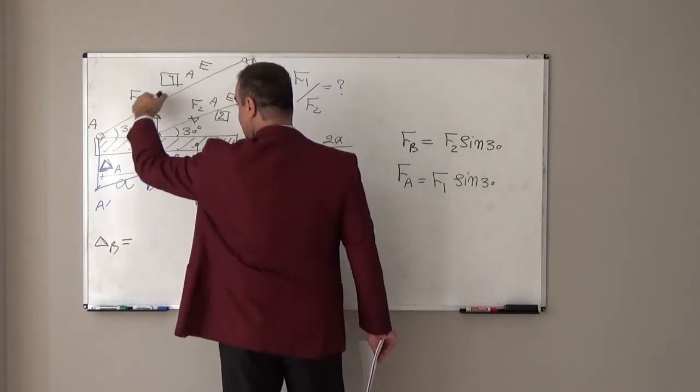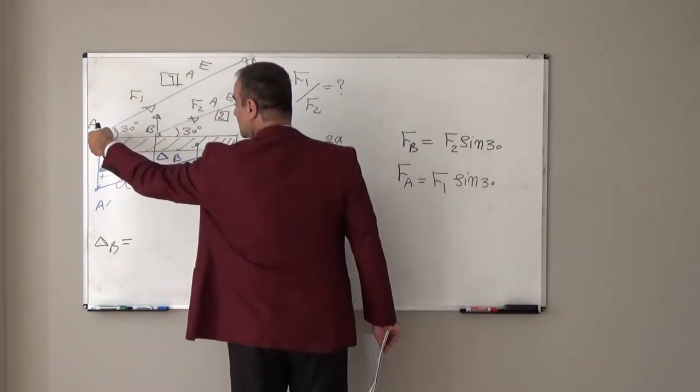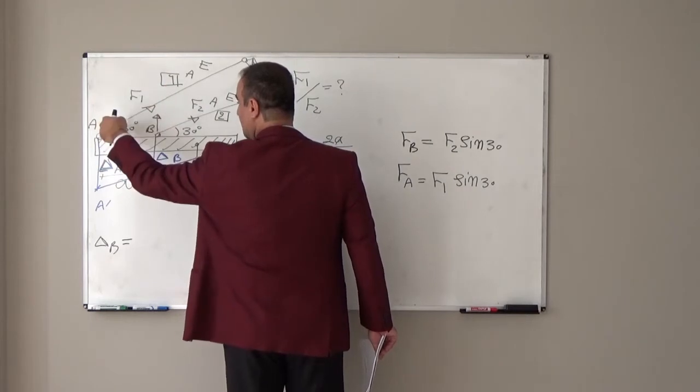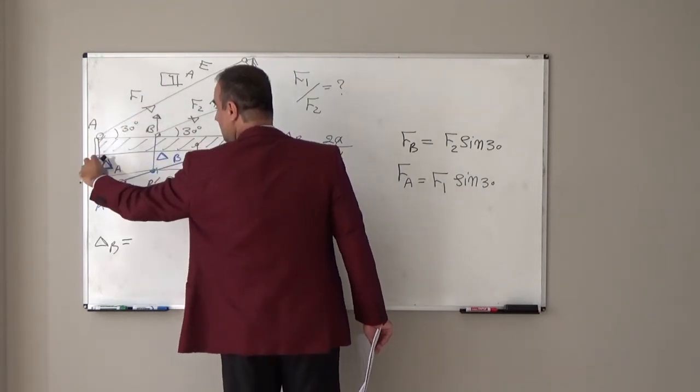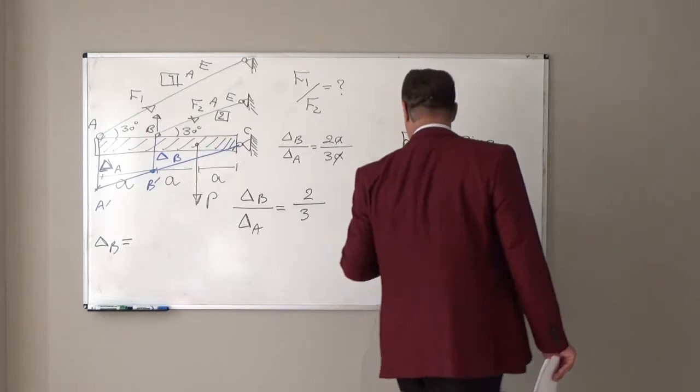I assume internal force here is F1. So here the force F1 cosine 30 will be the load at point A.